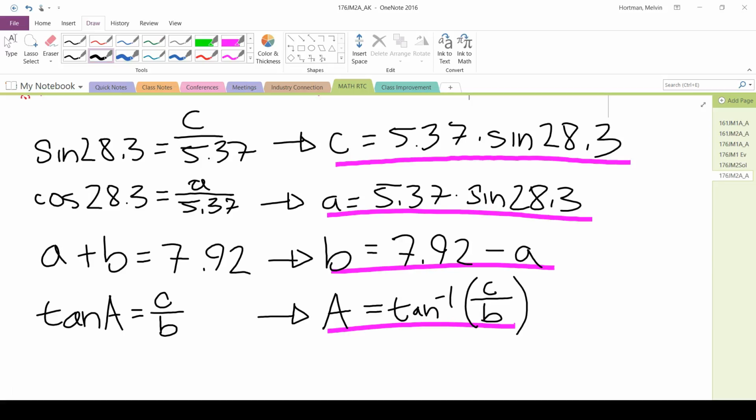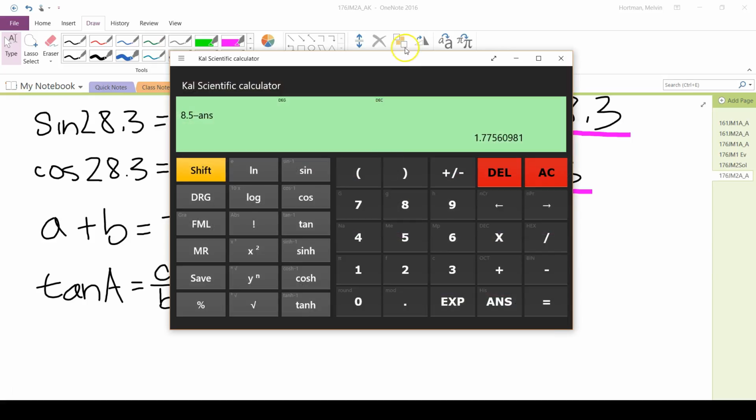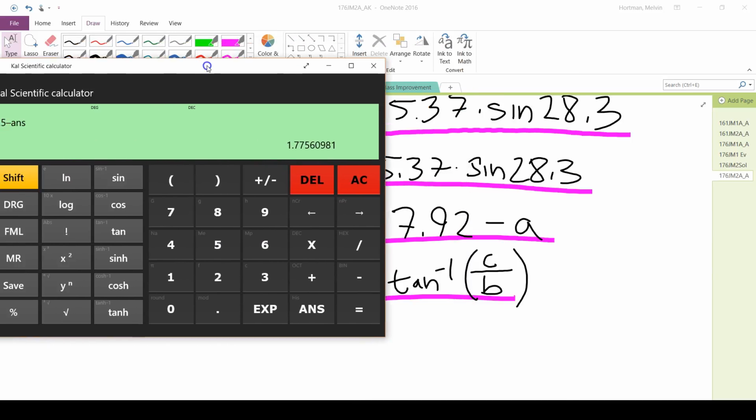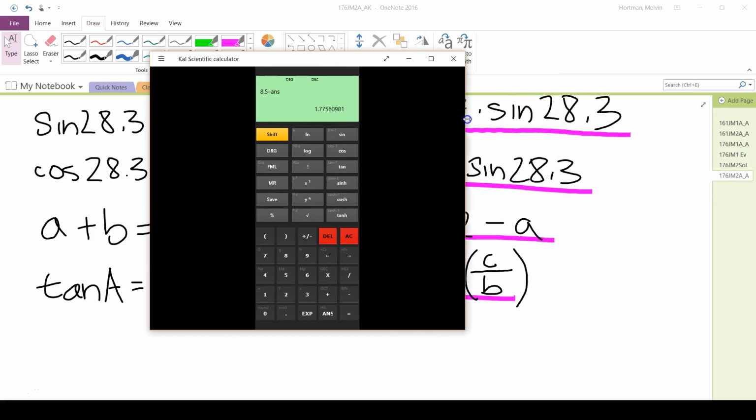Let's do the first one. I'll switch over to my calculator. Let me make this a little bit smaller. Ooh, too small.